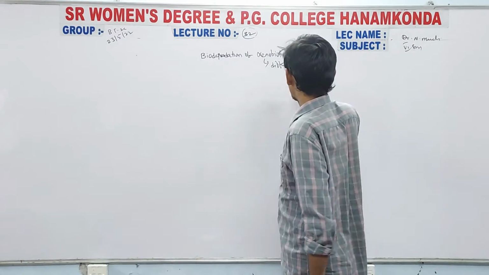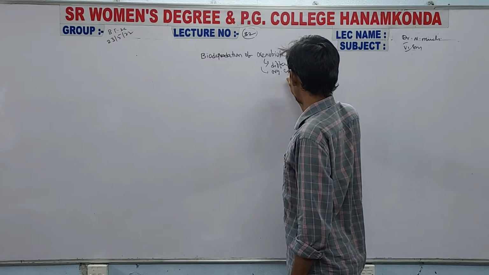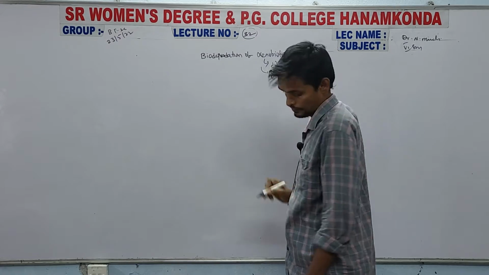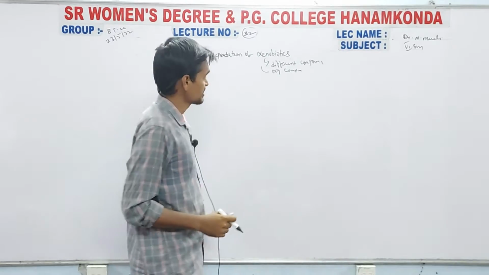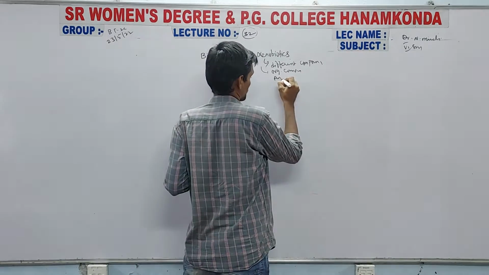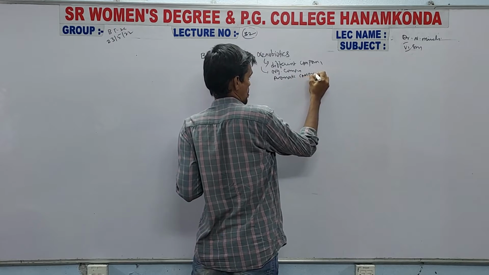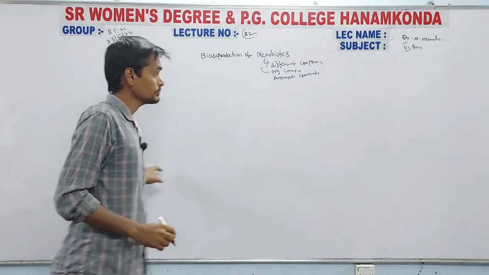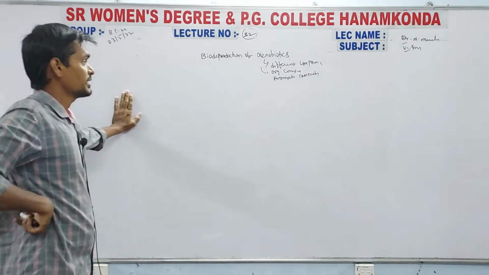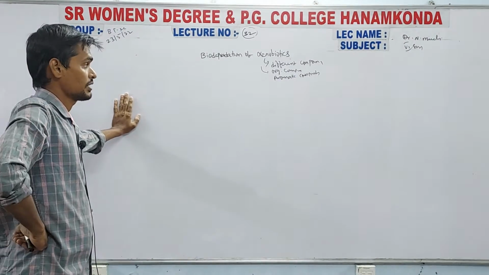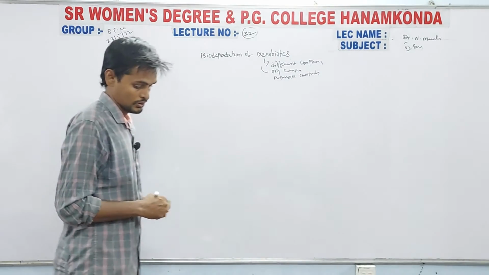In this category we will get certain organic compounds and certain aromatic compounds. So degradation of organic and certain aromatic compounds comes under the category of xenobiotics.